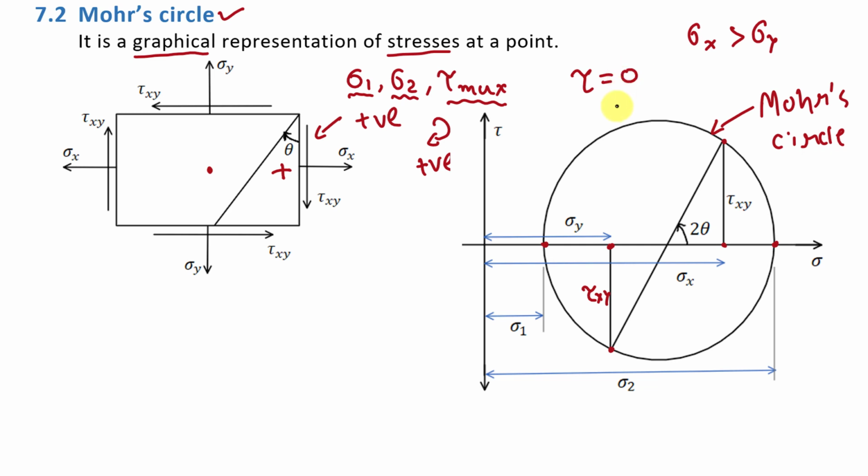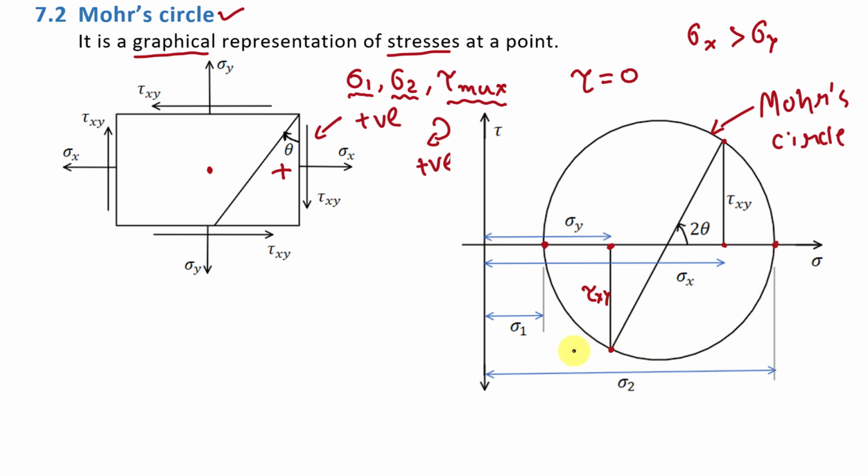Tau is 0. And we know that plane on which shear stress is 0 is called the principal plane. And value of normal stress at principal plane is called principal stresses. So here this point shows maximum value of principal stress and this point shows minimum value of principal stress.